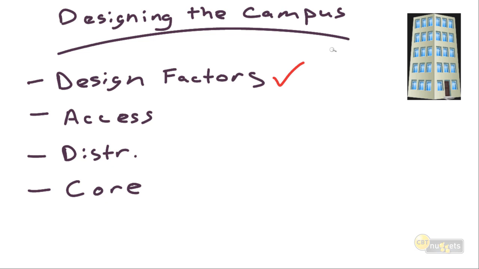Then what we did is we launched on a discussion of the access layer design components, the distribution layer design components, and the core layer design components. In the case of the core layer, we discovered something very interesting that said we might not even design one. We might collapse the core layer into the distribution layer in a collapsed core design.